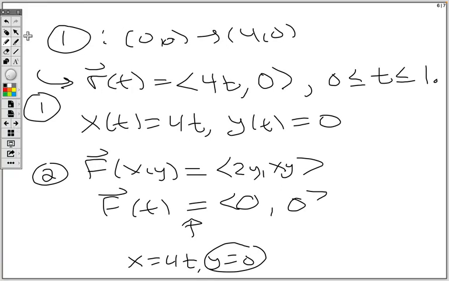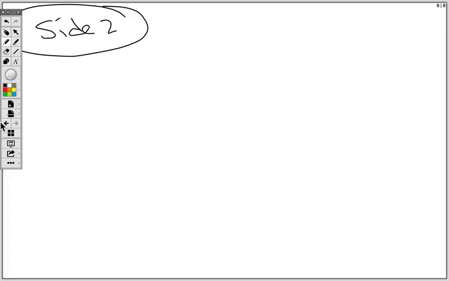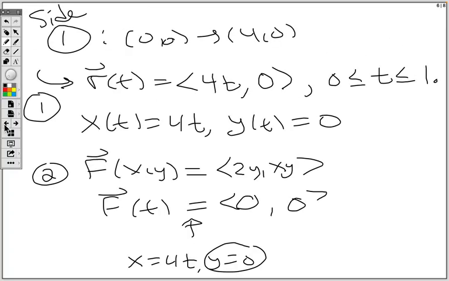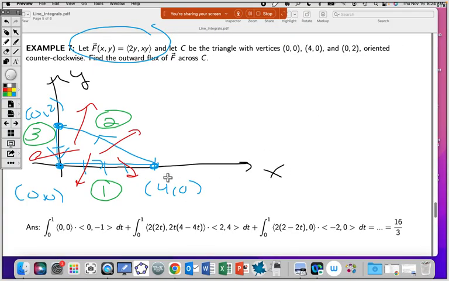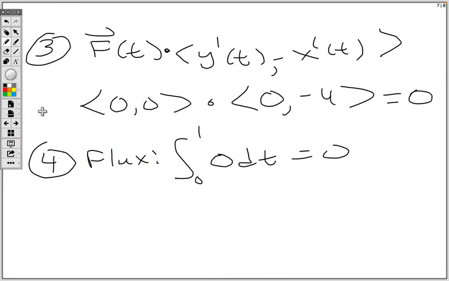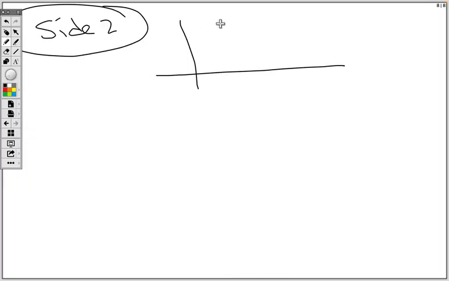Okay, so that was side 1. So now we'll go to side 2. Side 2, we start at (4, 0) and go to (0, 2). And once again, we're traveling counterclockwise, so we're going that way.